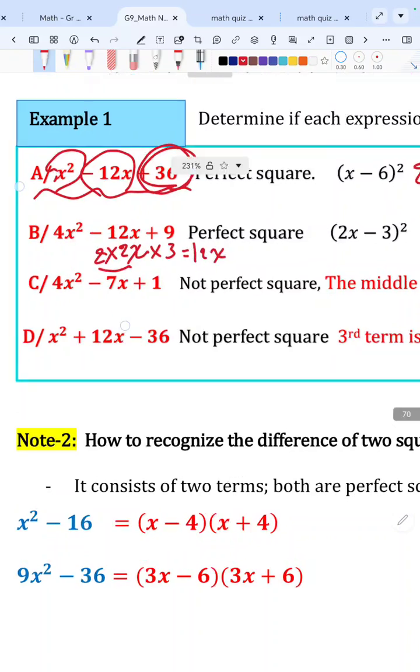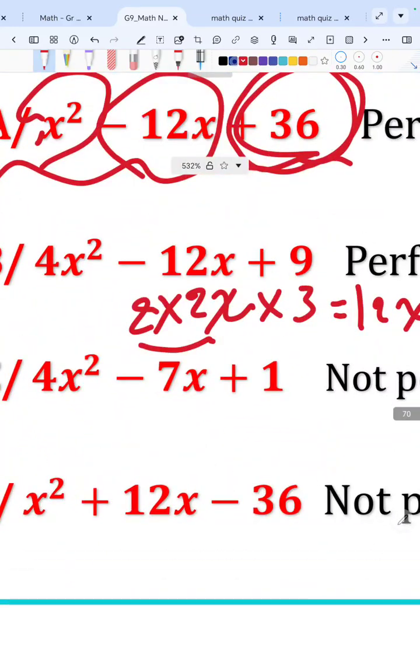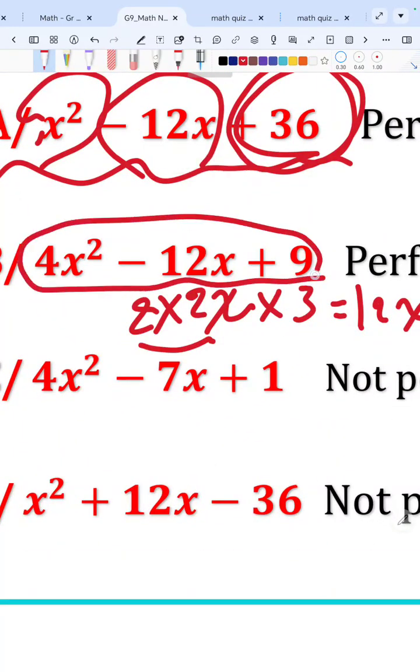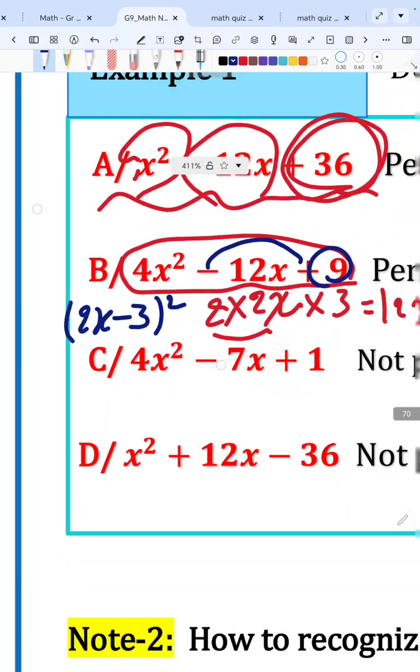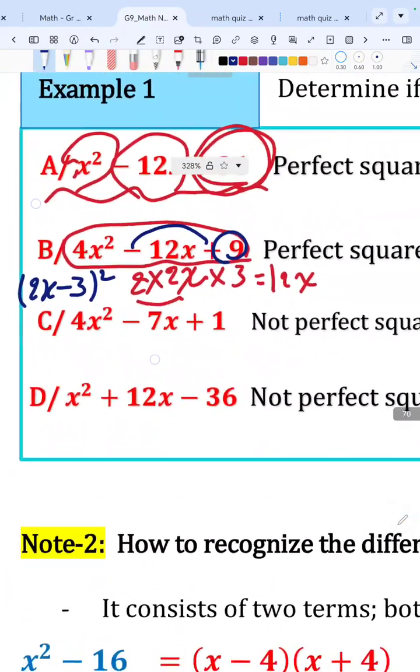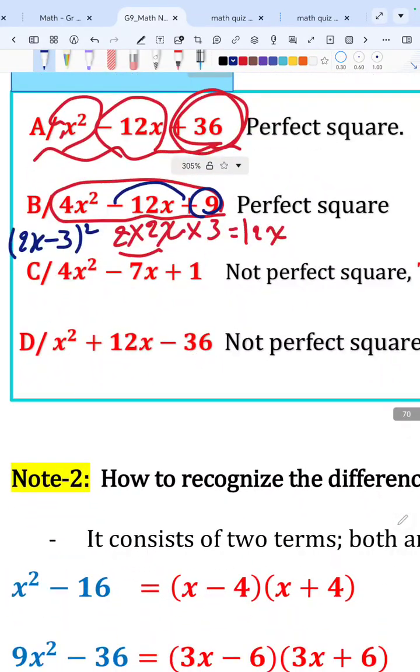So yes, it's correct. How can you factorize this one? 4x power 2 turns back to 2x. There is negative positive, so it will be negative. 9 will be 3. Parenthesis power 2. This is how you can factorize a perfect square trinomial.